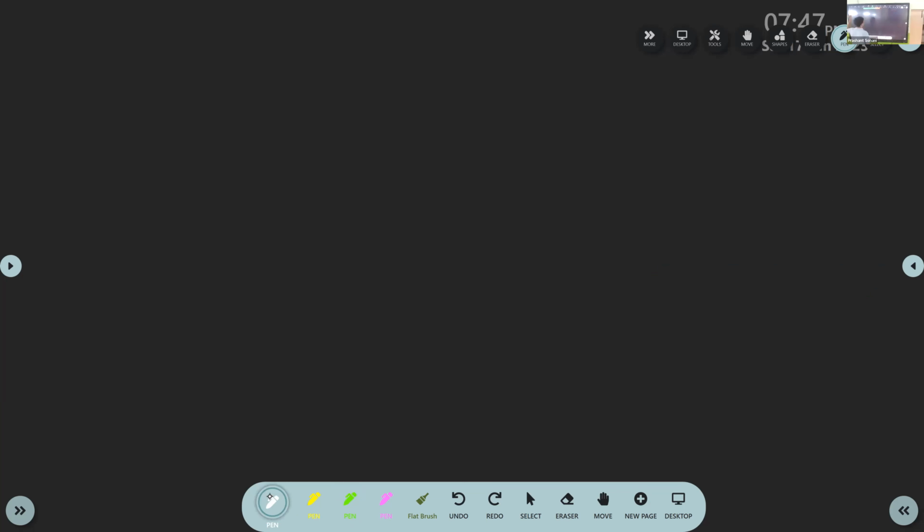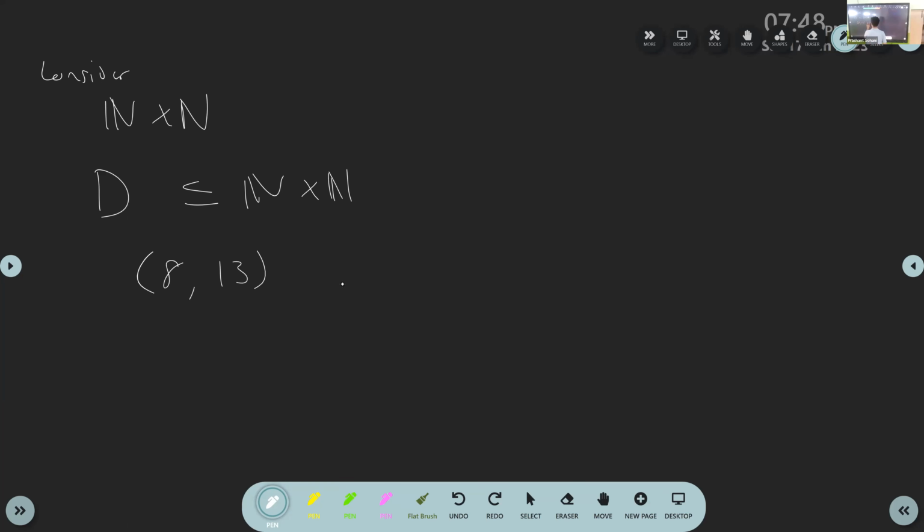Let me consider a capital D which is a subset of A cross A. This capital D is the relation, and I will give you some examples of what elements are in this capital D, and then you have to tell me if you can identify what it is. 8 and 13. 4, 4 belong here. 1, 6 belong.